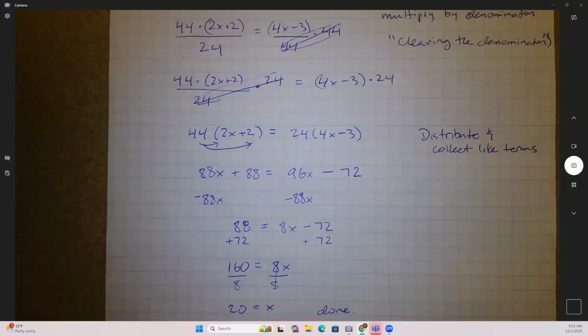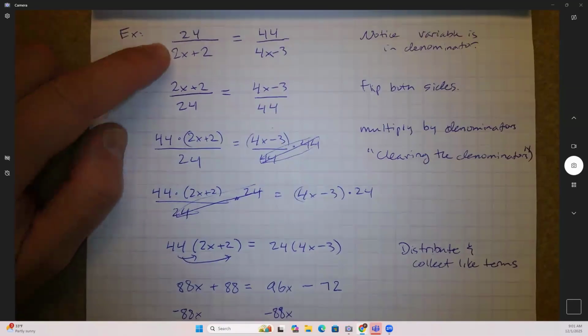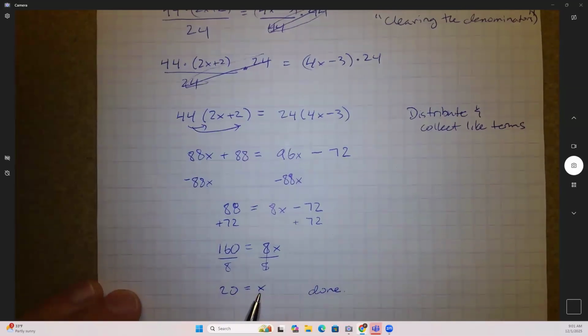Now to remember, to solve this initial equation, we're finding the x value that makes it true. And the x value that makes it true is 20. Lots of steps to do this.